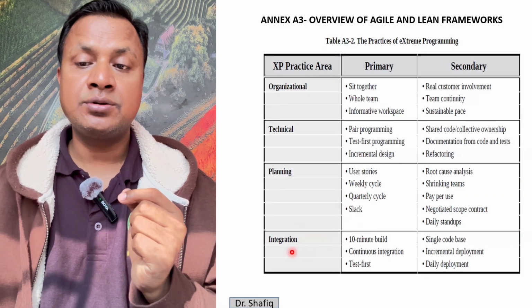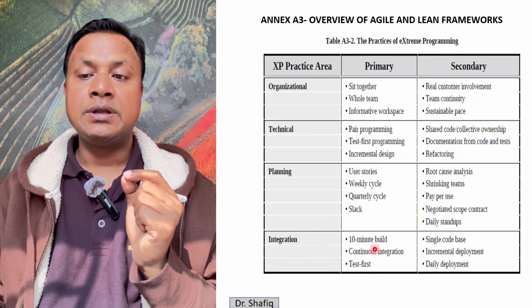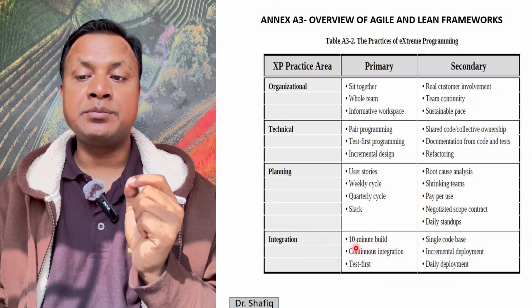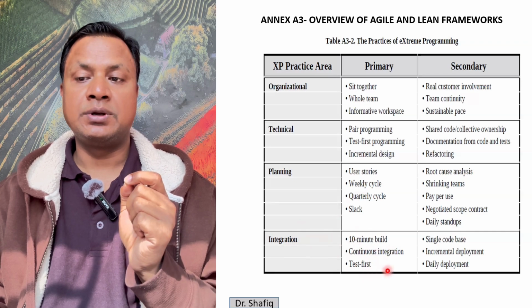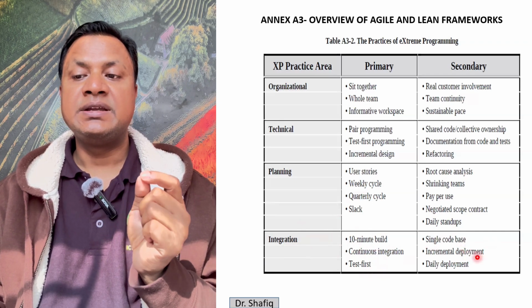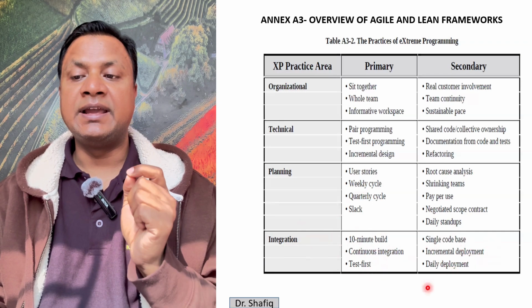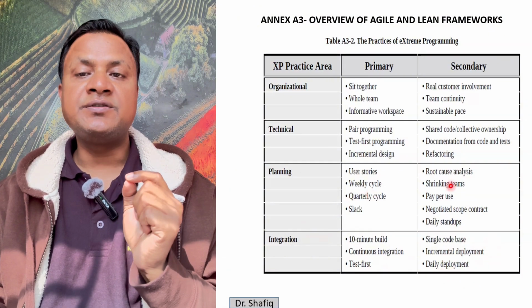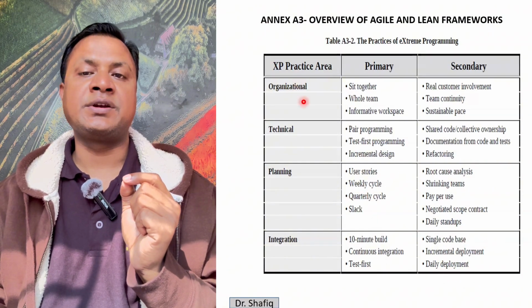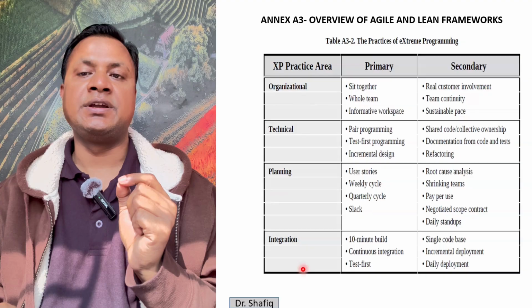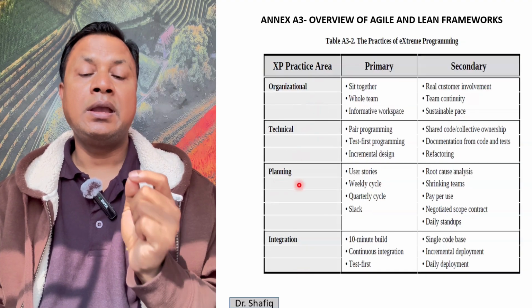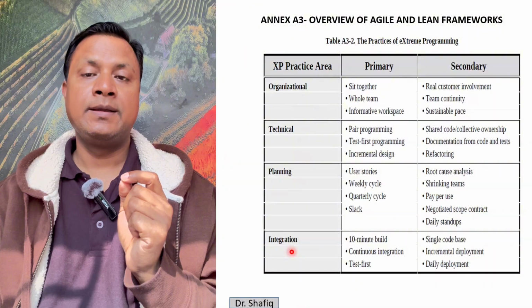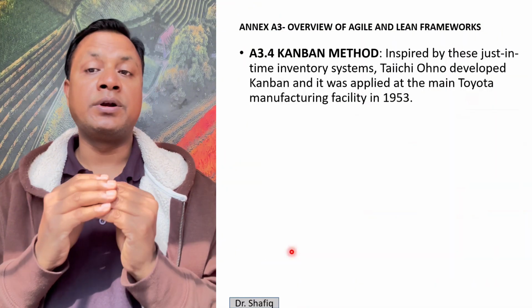In the integration sector, XP ensures the 10-minute build, continuous integration, test first option, and single code base, incremental deployment, and daily deployment. So these are the features of XP practice areas: in organization, in technical sector, in planning, and in integration.